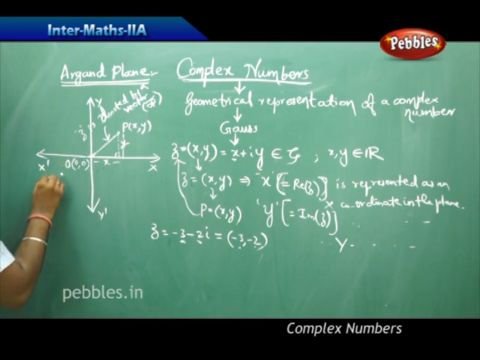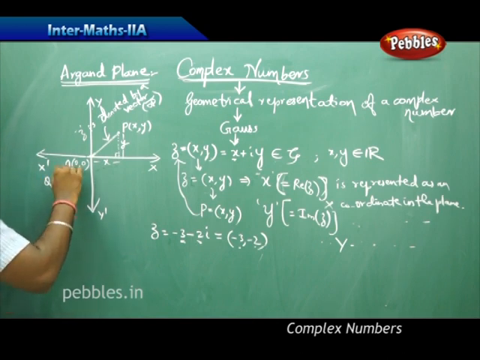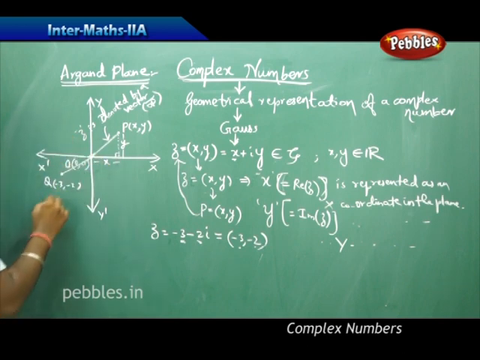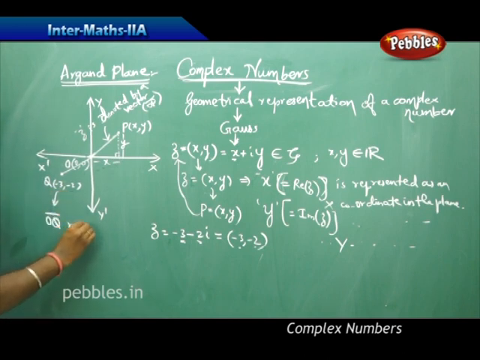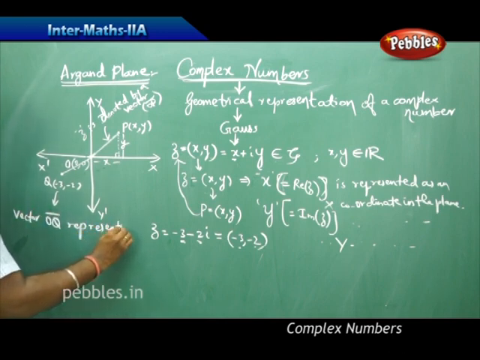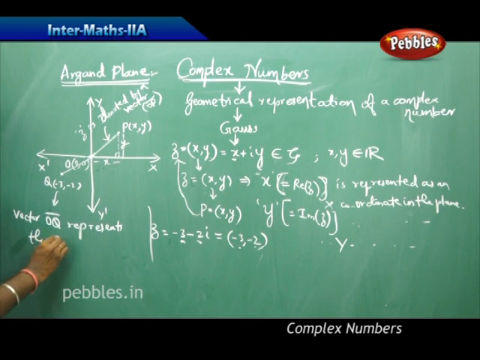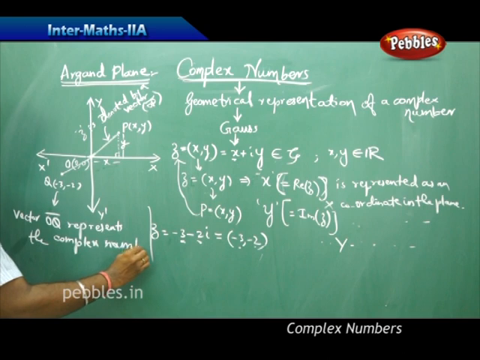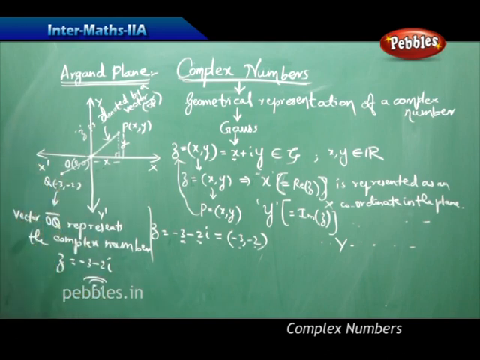So here I get some Q which is (-3, -2), and this represents the complex number. Vector OQ represents the complex number Z equals -3 minus 2i, is how I understand in this Argand diagram.